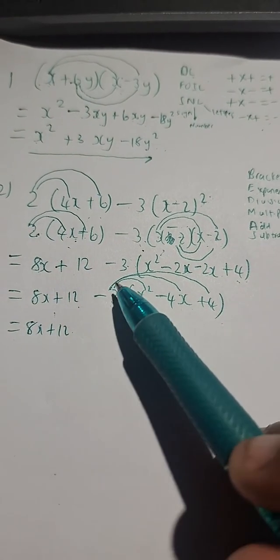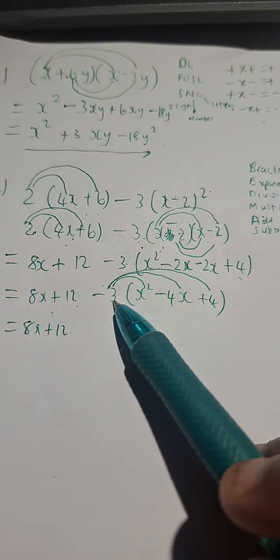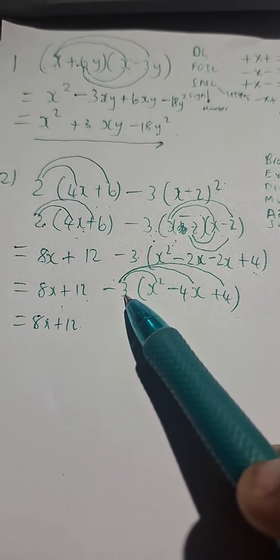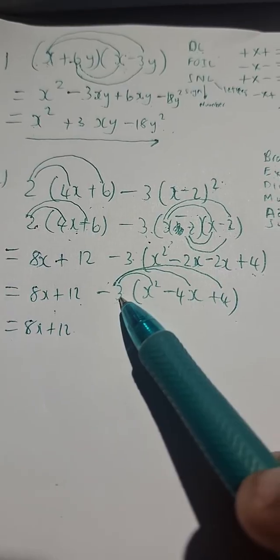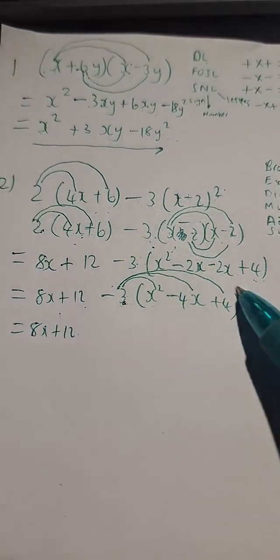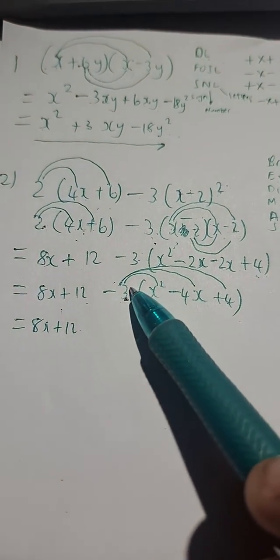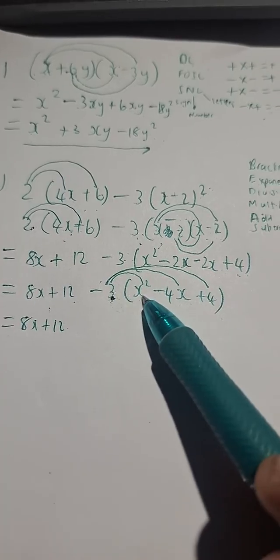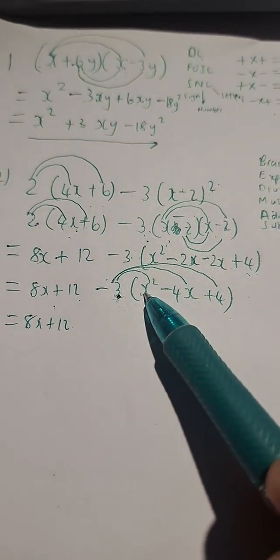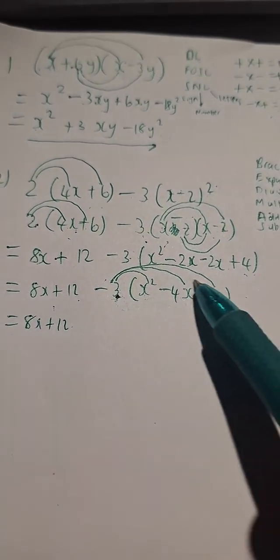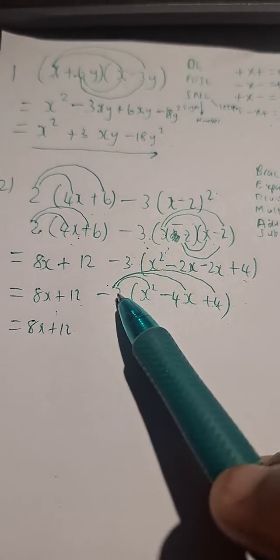We can't do that because this negative 3, it's like it's in a marriage. When you are married, you are committed to your entire family, especially if you are the head of the household, like this negative 3. You are committed to your household, to your wife, to your kids, and everyone in that household. They depend on you.